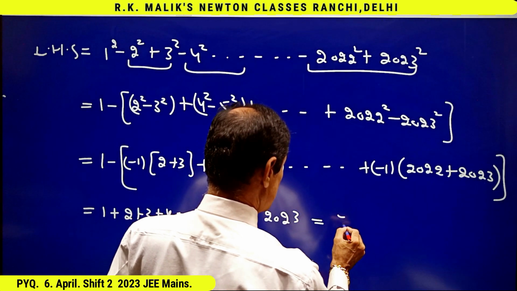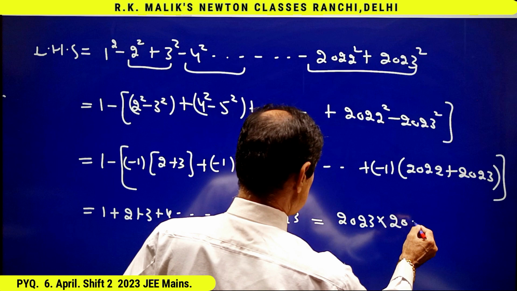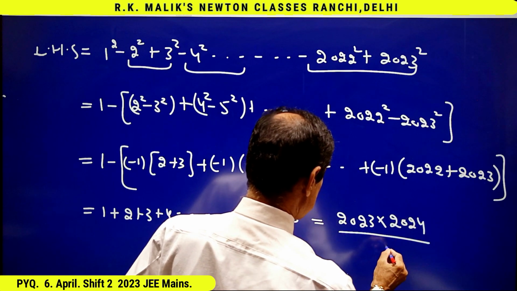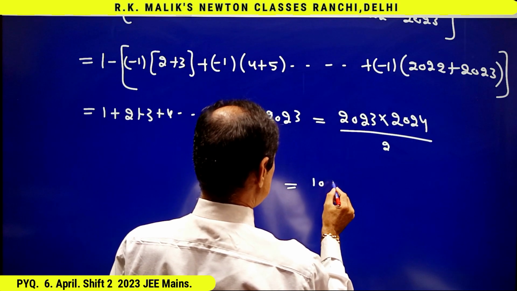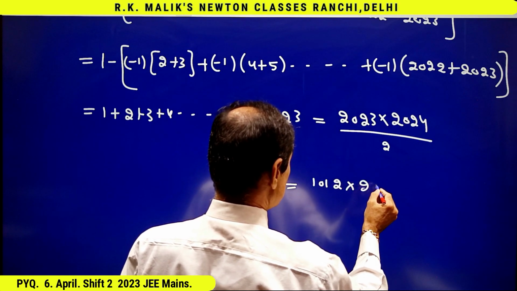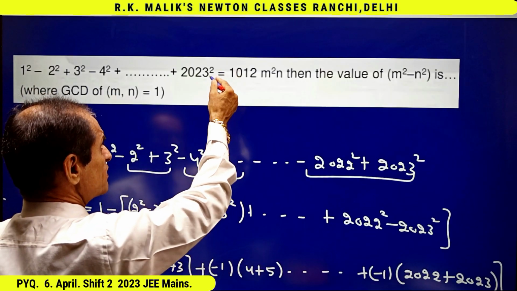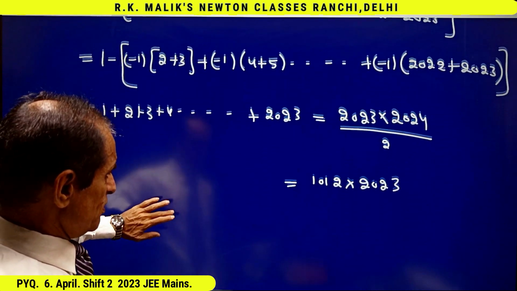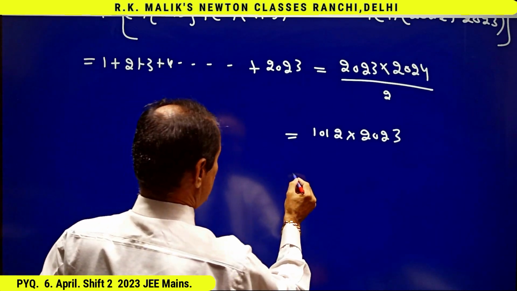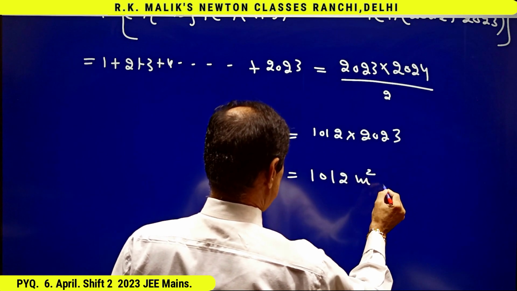Sum will be clearly 2023 into 2024 by 2, which is equal to 1012 into 2023. But in right hand side 1012 into m square n was there, therefore, writing it as 1012 into m square n.